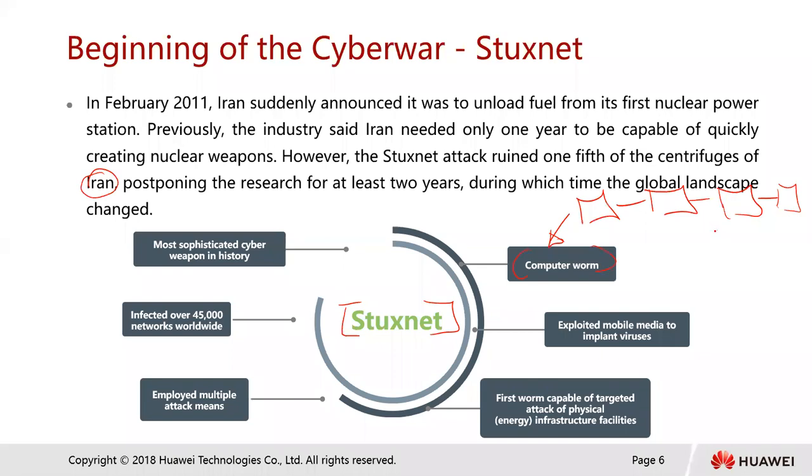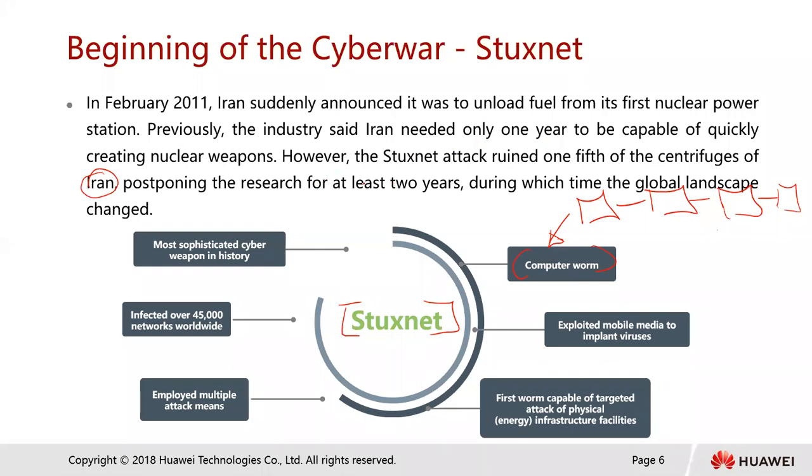Any computers which have programmable logic commands, it will infect those computers so that it affects these centrifuges, so that Iran is not able to complete its targeted objective of having its nuclear capability ready in 1 year, right?